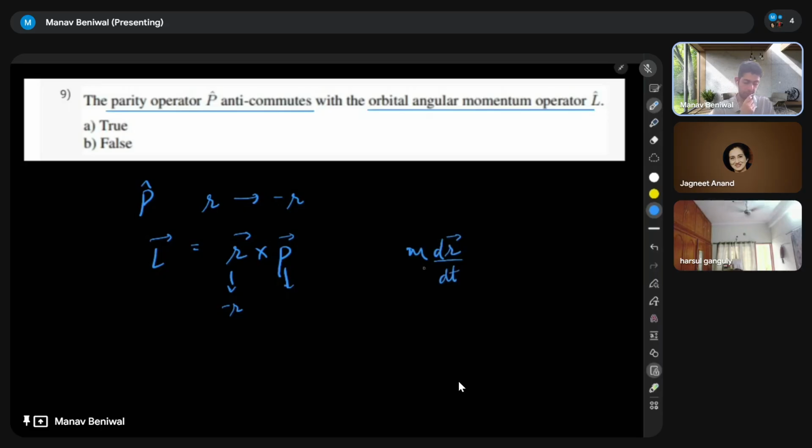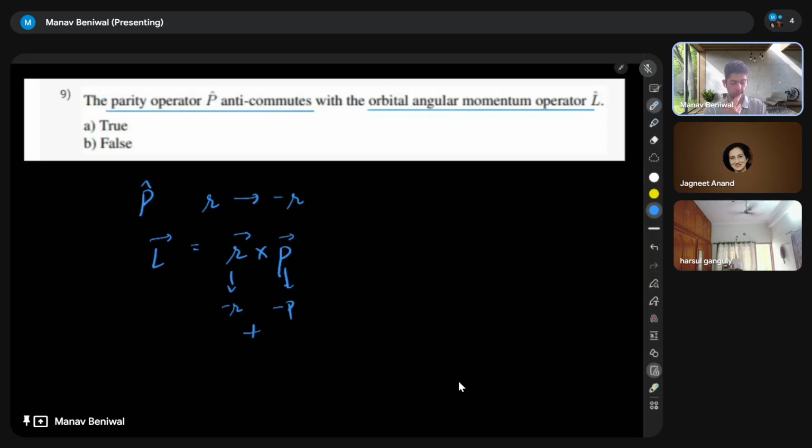And so m will not change sign, t will not change sign, but r will change sign, right? So this also goes to minus p, correct? Therefore our total angular momentum L will not change sign. So this minus minus will become plus, so it remains as it is.